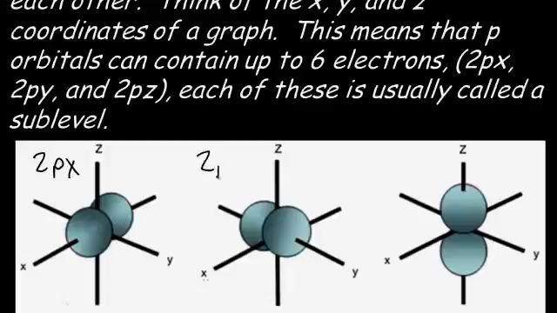This would be the 2py and the 2pz. Now remember, there are no 1p orbitals. So far the order goes like this: 1s, 2s, and then 2p.